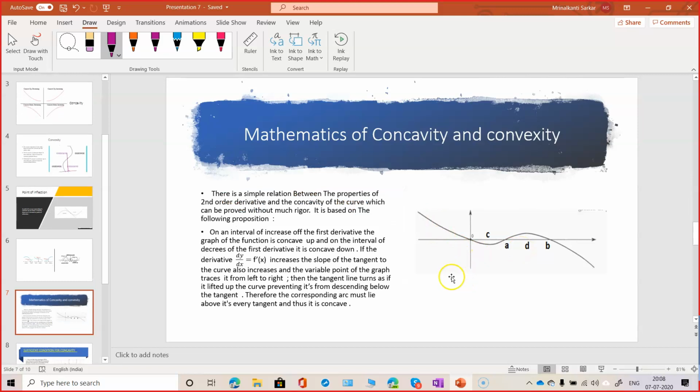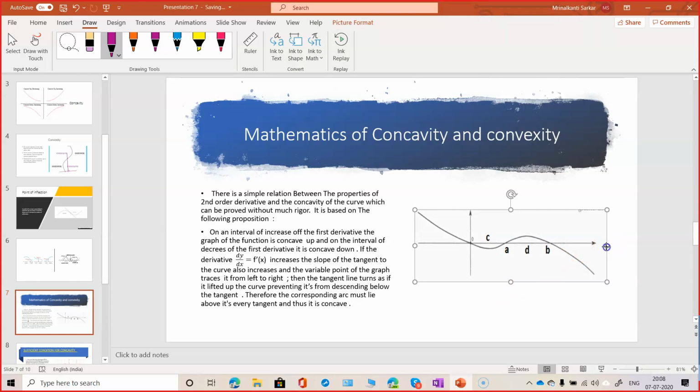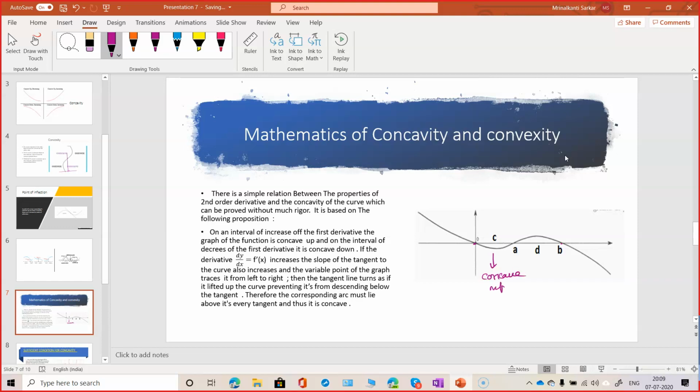Now that mathematical meaning, this part you need to understand, and that is explained a little bit before also. Here, the graph of the function you can see, before you go to the mathematical statement. This function is concave up or down; concave up in this interval, and in this interval it is concave down.